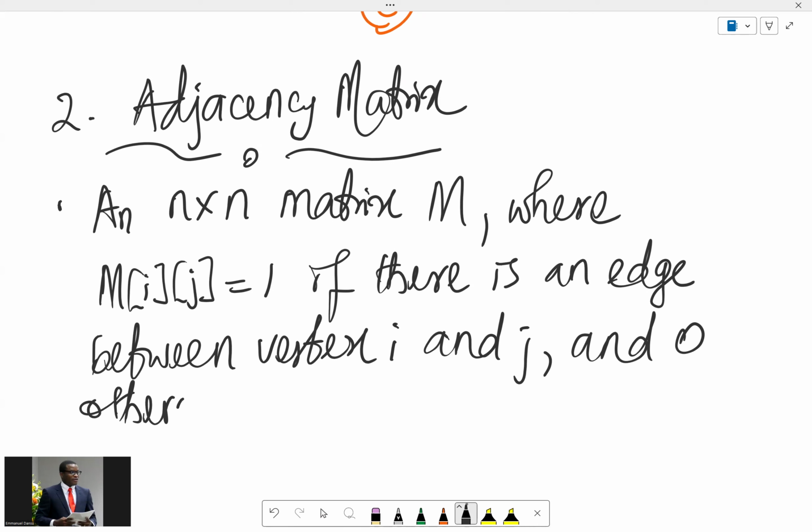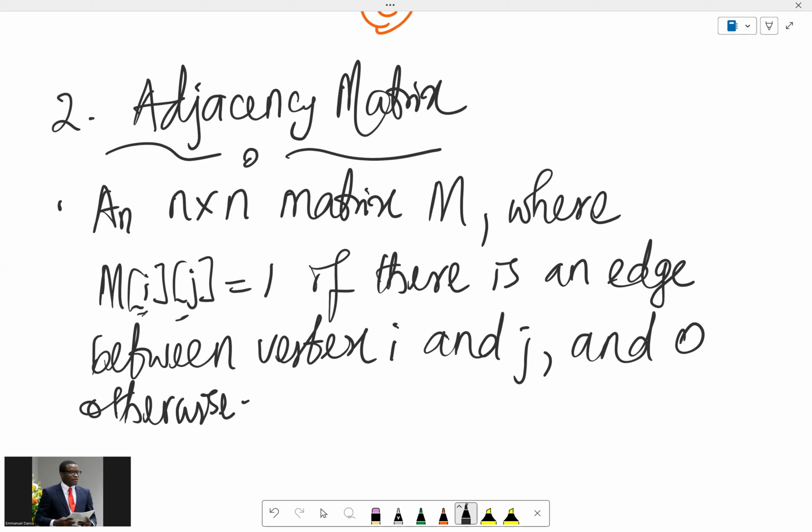Of course, that may be some abstraction, but the beautiful thing about graphs is that even if it's not clear, you can easily get an example to clear your doubts. But this is basic, right? An n by n matrix M, where Mij means elements that are not of the same row and column.